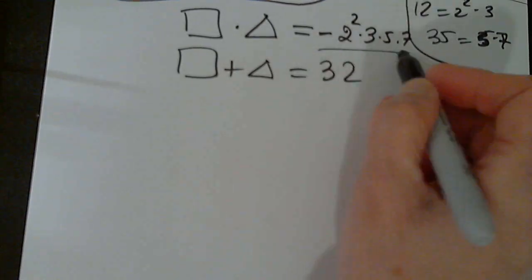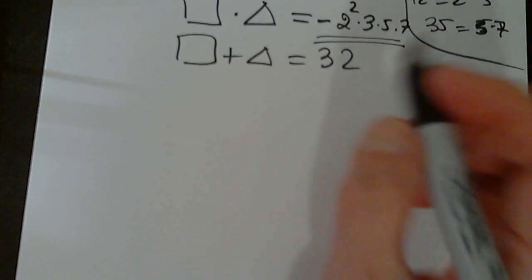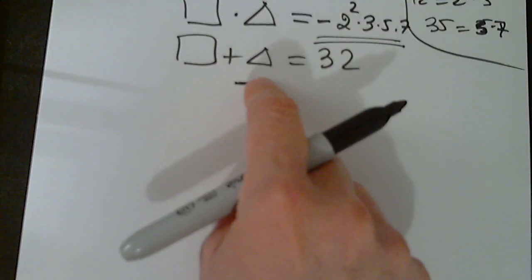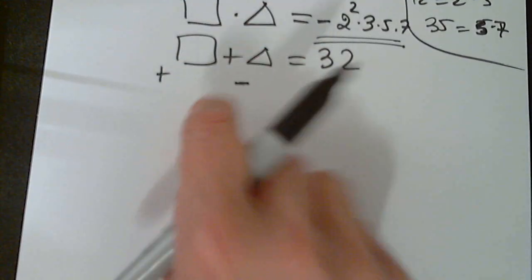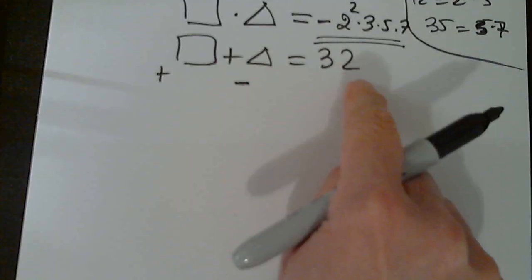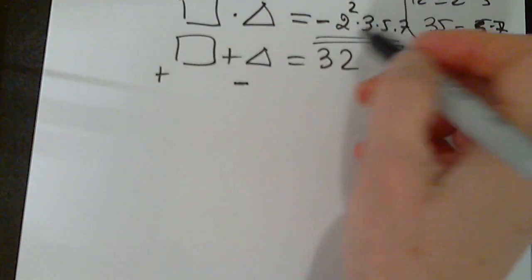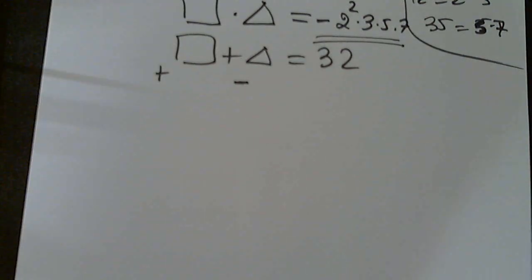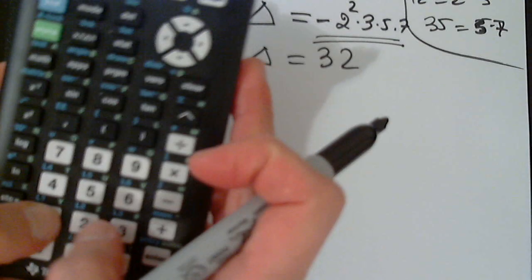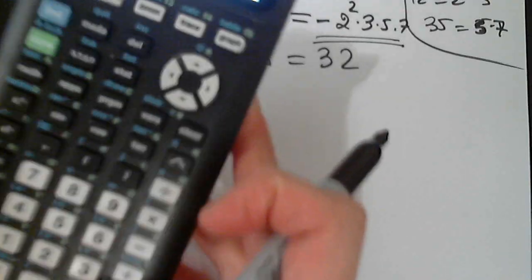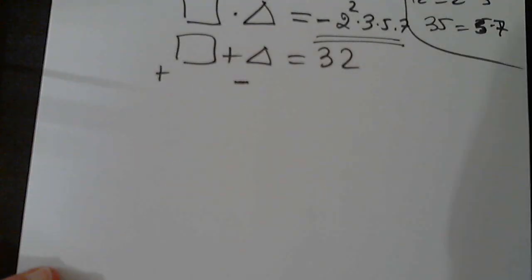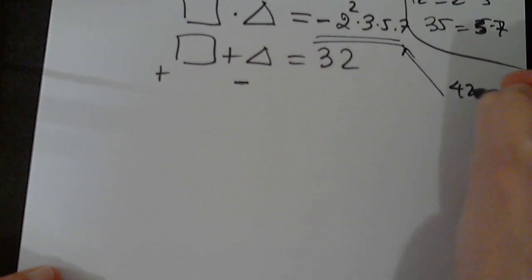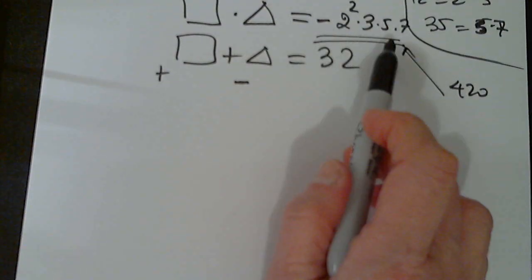Why I'm doing this is because I need to find a number that is positive and a number that is negative. When I add them, I get 32. And when I multiply them, I get this huge number, whatever that is. What is this number? I don't know how to handle such a number. 420. Who cares? So this is 420. I put it in prime factorization because it's easier for me to find out what I need.